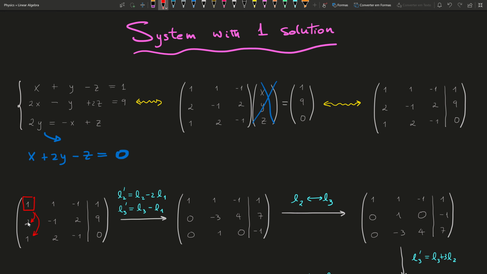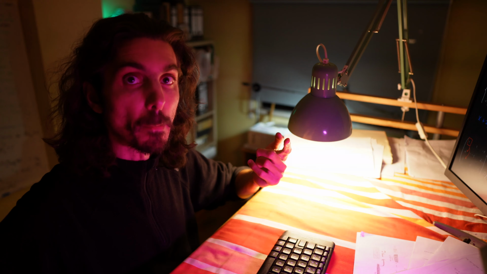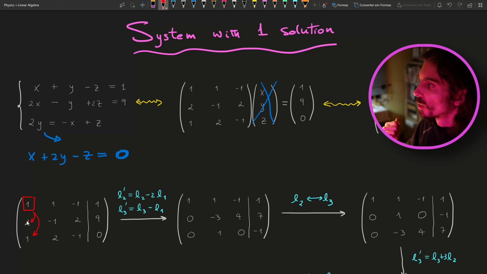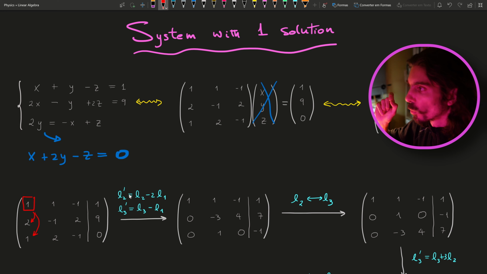Now, in order to eliminate the 2x entry on the second equation, I'm going to multiply the first equation by minus 2 and then add that equation to the equation below. This is what I wrote here. The new L2 prime equation is the old L2 equation minus 2 times the first equation that you find here.